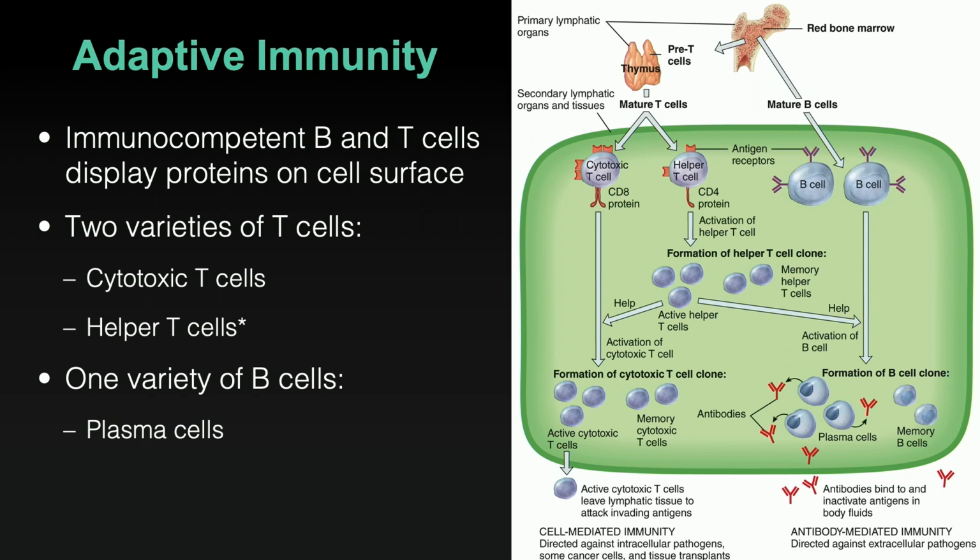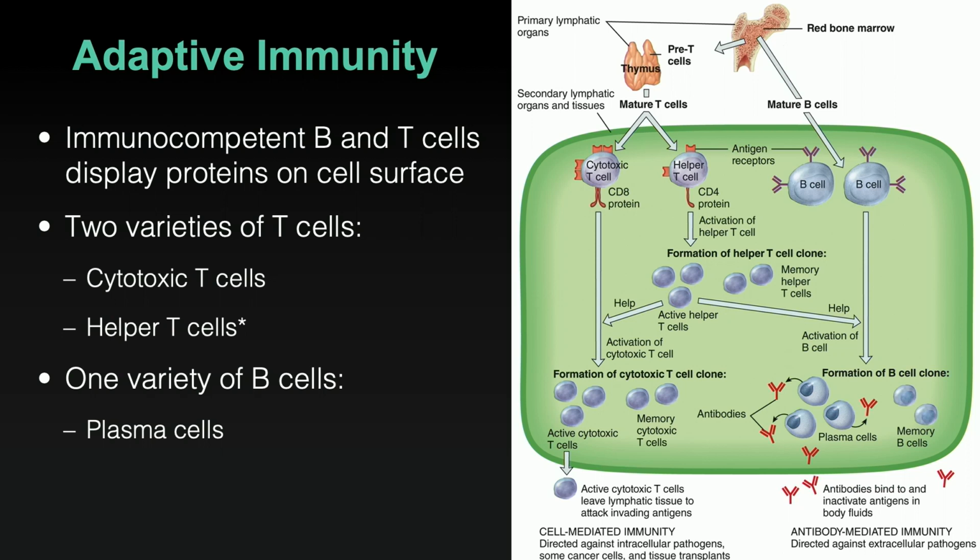So these are the three main players in the adaptive immune response. Helper T cells activate the other two, cytotoxic and plasma cells, and those have specific roles that we'll come back to later.